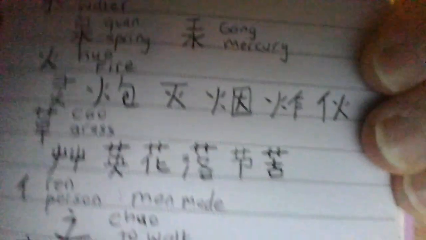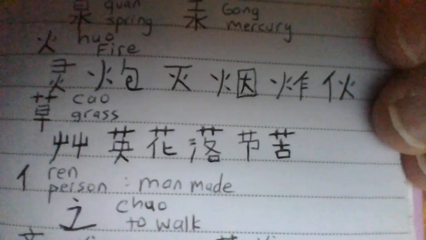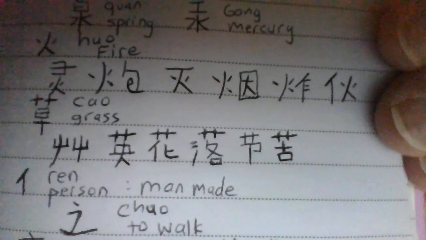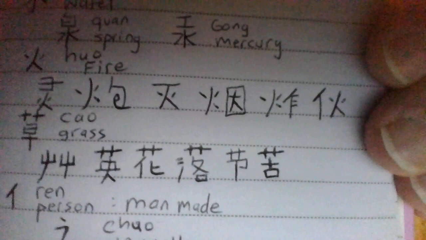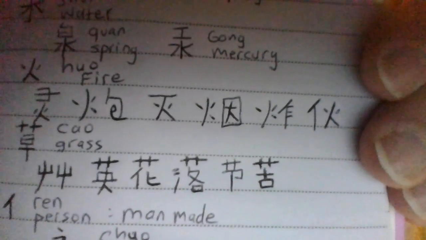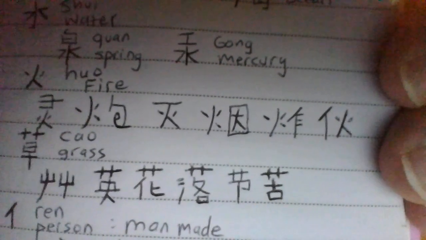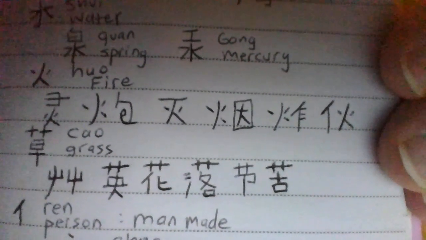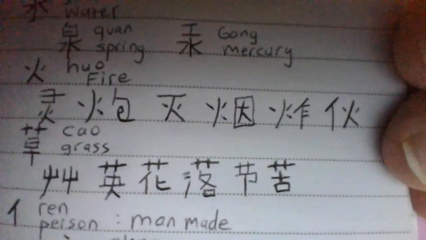And we also have grass. Look at this, we have 1, 2, 3, 4, 5, 6. There are actually like 35 of these, the same with water. I don't have time to write every single one of those, but for the sake of the idea here, I think you get the idea.